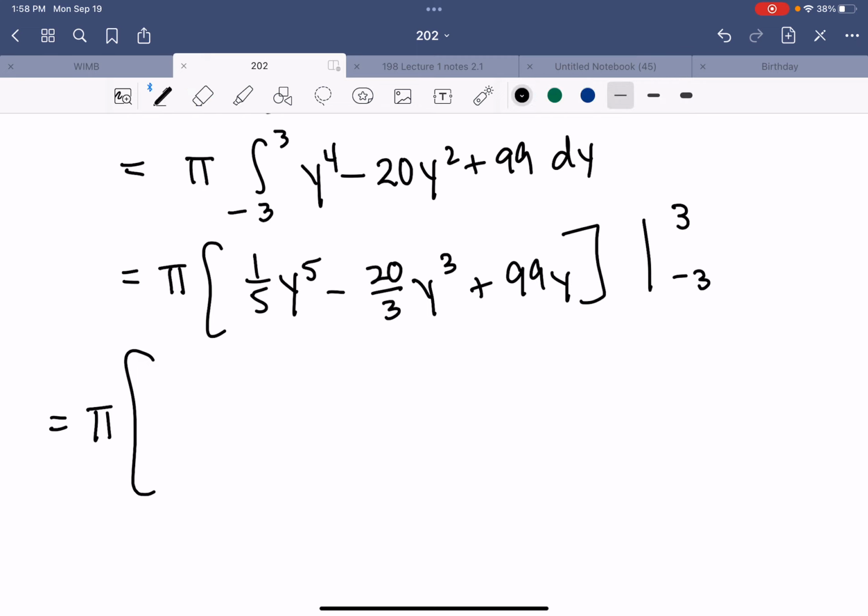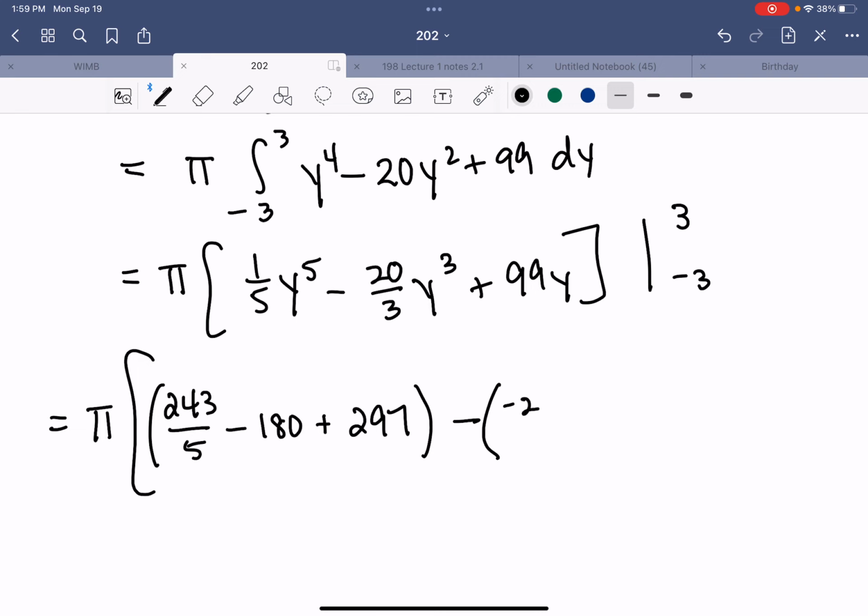The nice part is that it's just 3, so this is 243 over 5 minus 180 plus 3 times 99, which is 297. When I plug in -3, they all become negative, so that's -243 over 5.